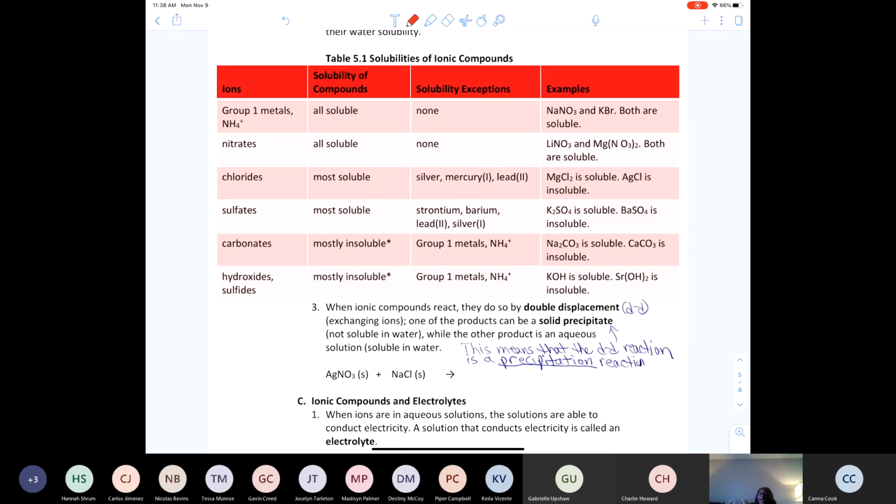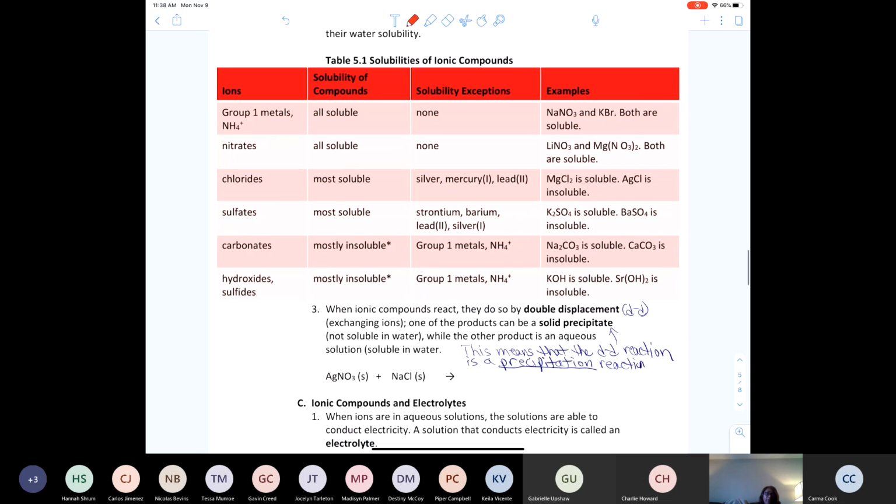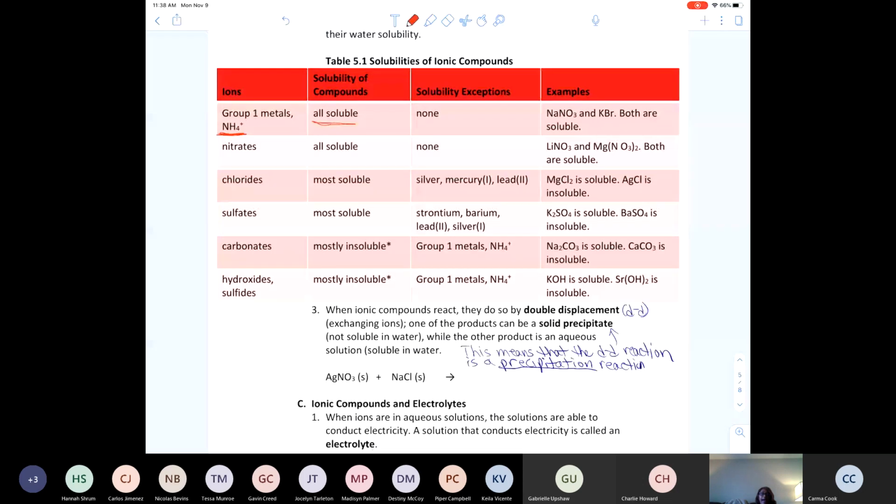So if the ionic compound has a metal ion that is either a group 1 metal ion, or the ammonium polyatomic ion, then that ionic compound will be soluble in water, no exceptions. So the group 1 metals are like sodium.